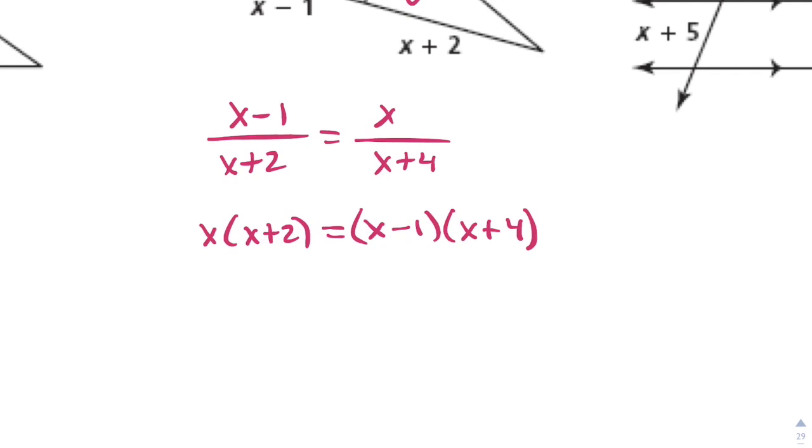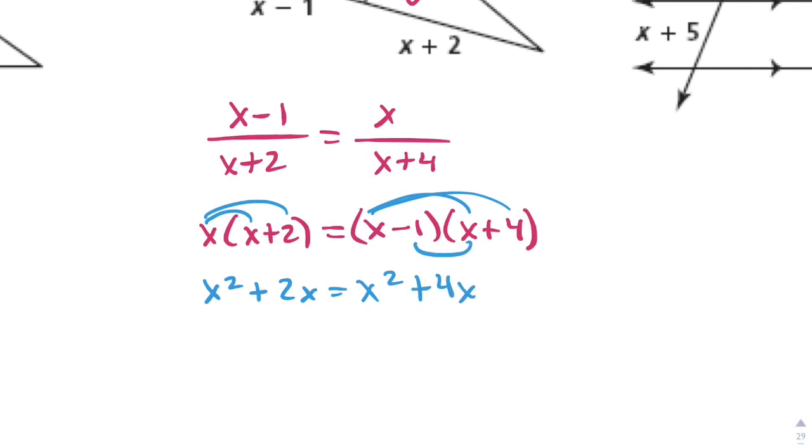Do not forget the distributive property. You have to do this multiple times. X squared plus 2x equals x squared plus 4x minus 1x minus 4. Okay. Simplify by combining my like terms.